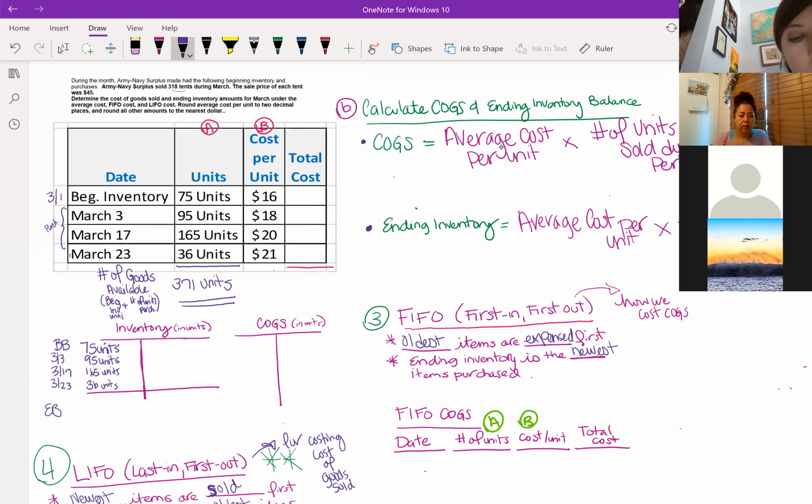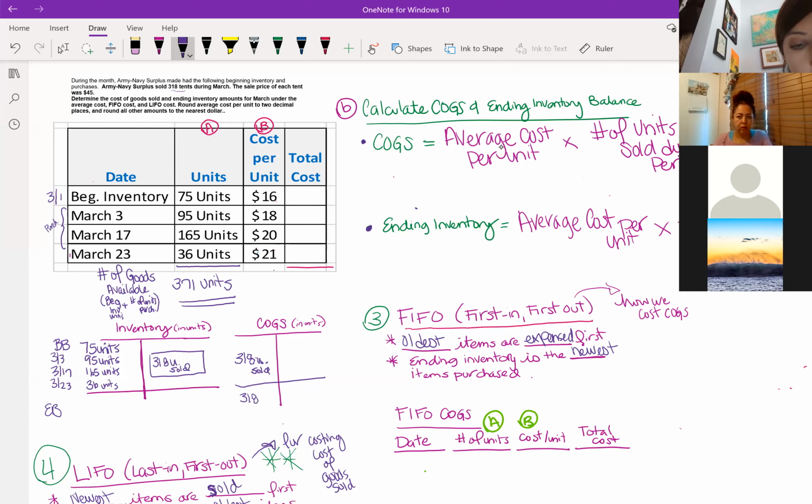So the reduction, 318 units were sold. So the credit to inventory and that debit to cost of goods sold. So we're going to expense 318 units as cost of goods sold.